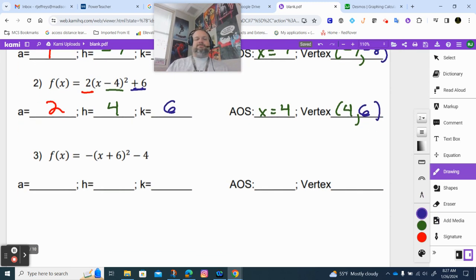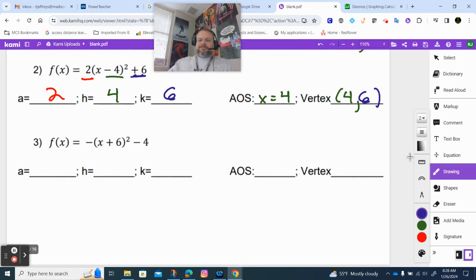All right, K is 6. All right, number 3. What is our A value? -1.